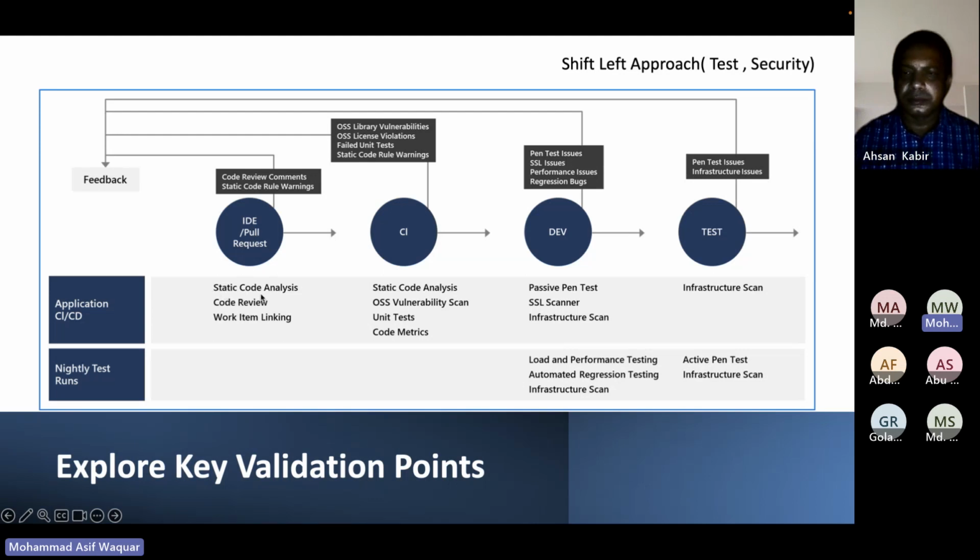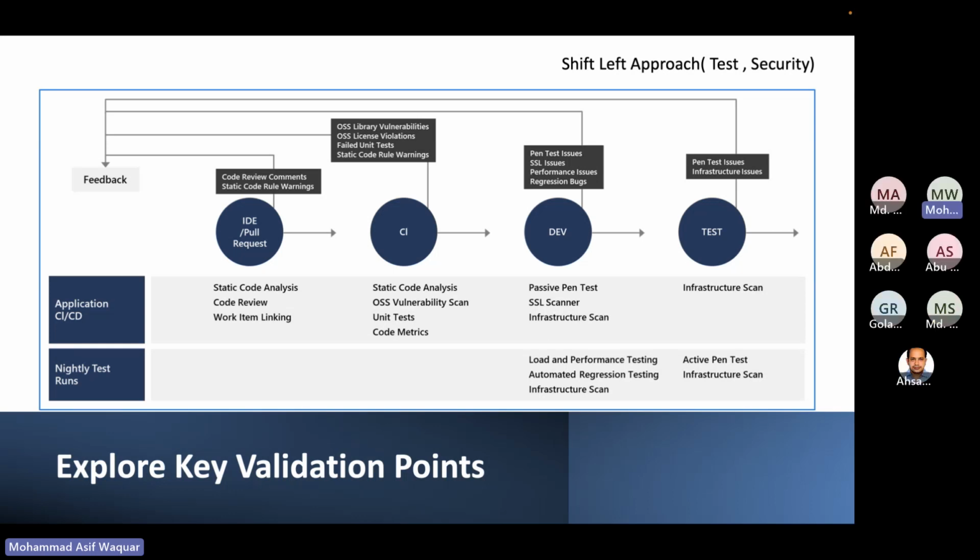We have different tools for static analysis, code review or work items. If we detect the bug at this stage, or maybe the CI stage, it will be very easy to fix and there will not be much impact. But if we find the bug at a later stage, maybe production, in an application with very high impact, it will be very costly.